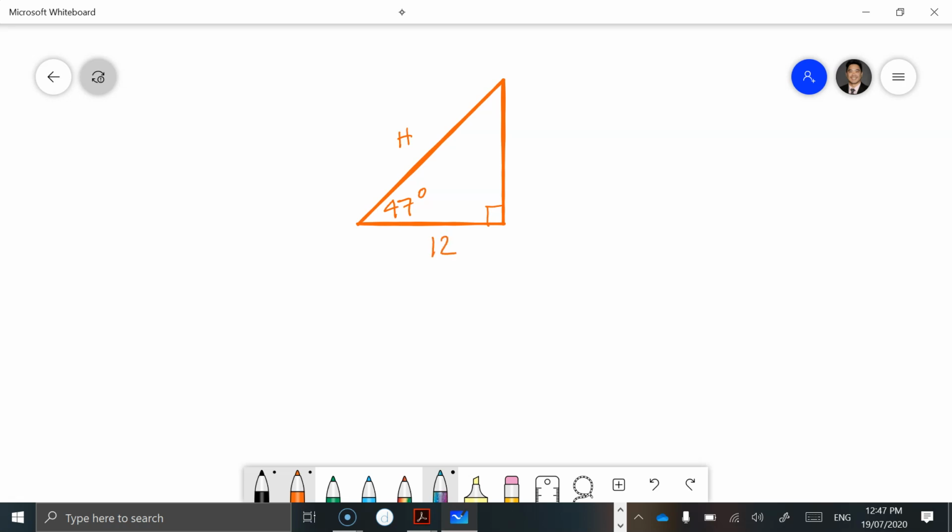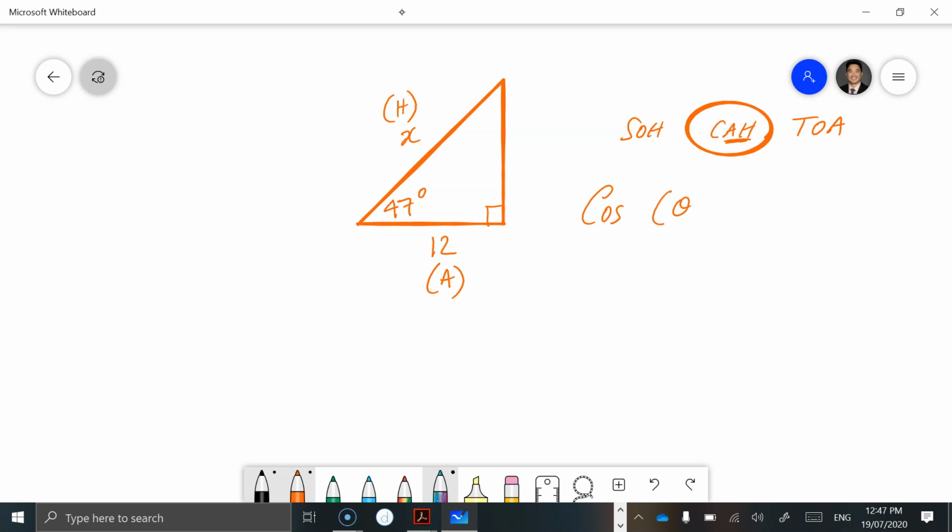We'll call the hypotenuse X. We know 12 is the adjacent because it is next to the angle theta, and based on SOHCAHTOA, we have the adjacent and the hypotenuse, so that means we need to work with cosine.